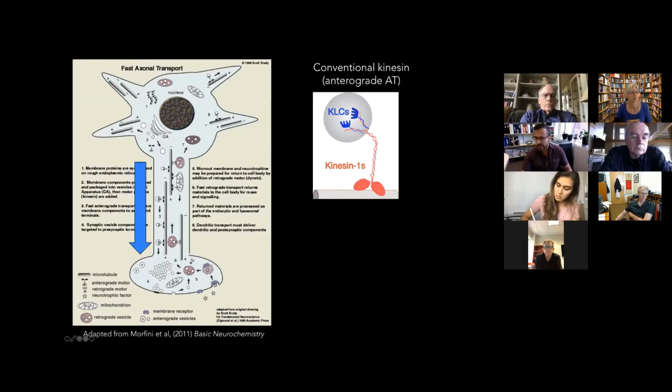There's complexity. This is an oversimplification. There's actually 3 types of these heavy chain motors and 2 types of these light chain motors that together can form a wide variety of combinatorials that make different flavors of these motors. And it is thought that this has to do with the selectivity of the delivery of different cargos that I referred to in the prior slide.